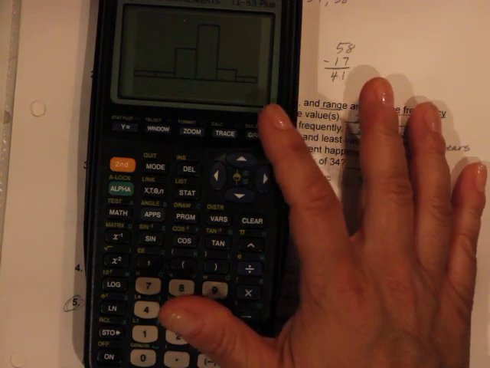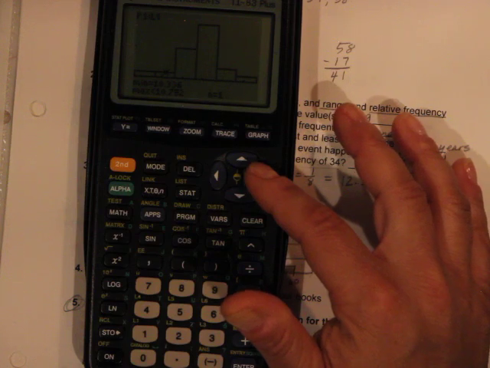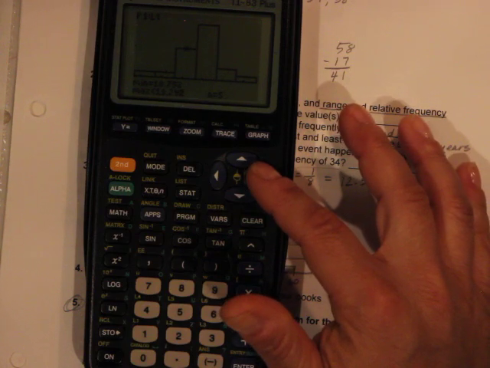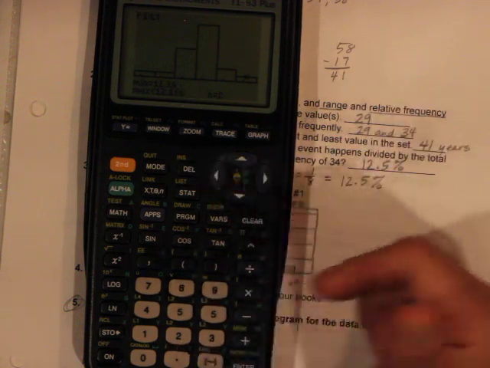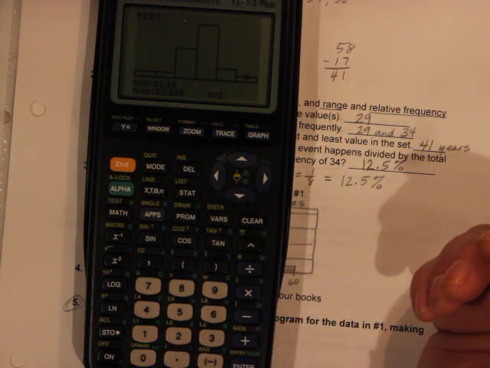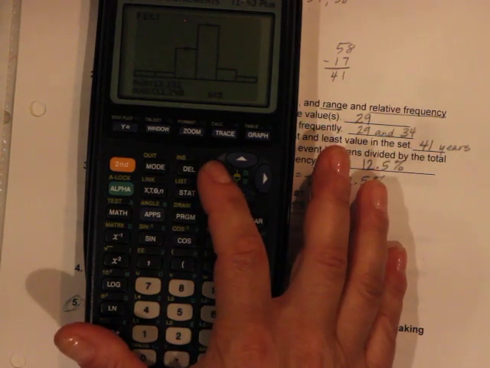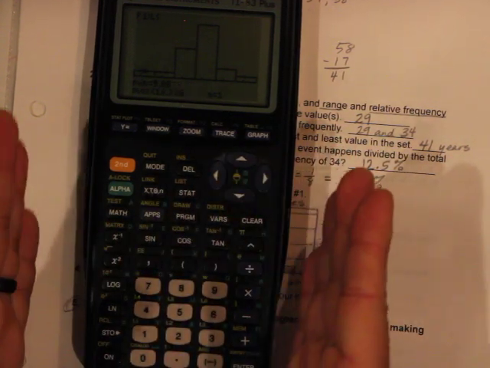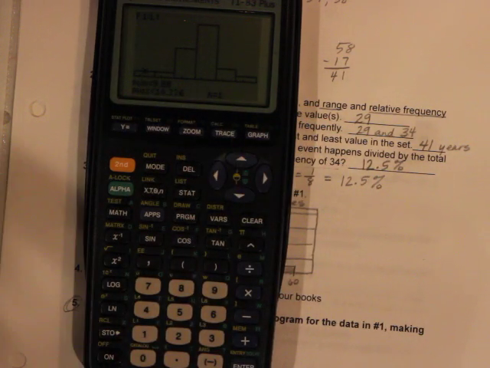When we hit that button there, it showed us our minimum, our maximum, and our n number, meaning the number of values within each one of these data ranges. Again, the histogram is showing us the distribution of data, and that's all it shows us. So it's showing us where the numbers line up in terms of the number of values that are within each one of these equal data ranges.